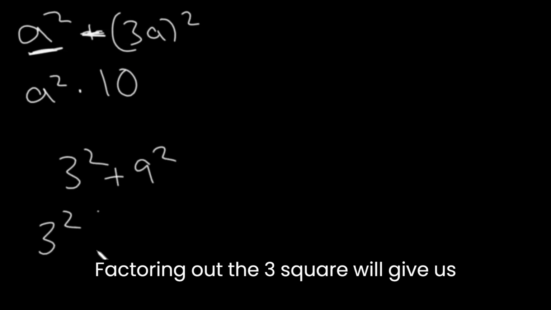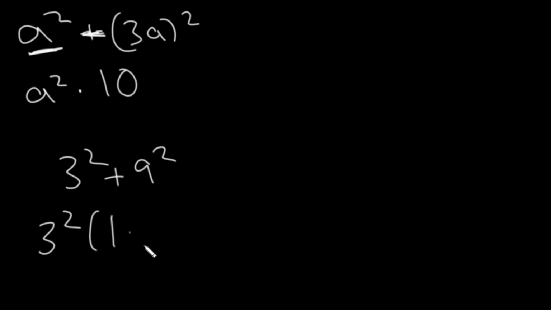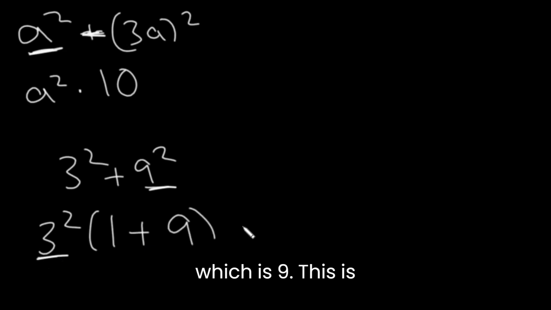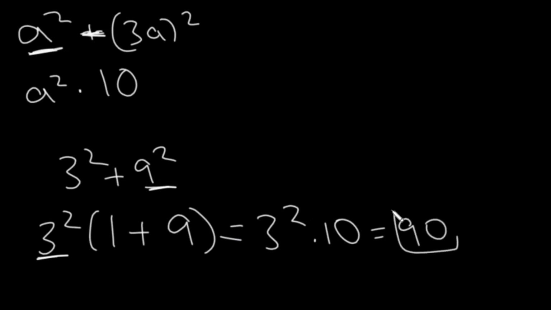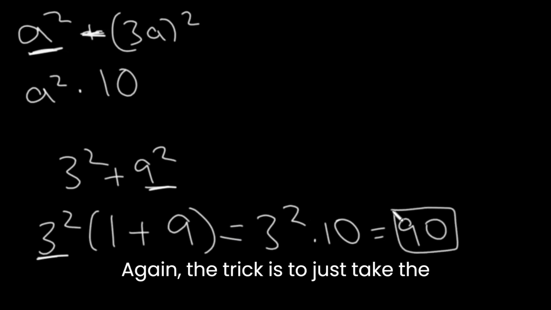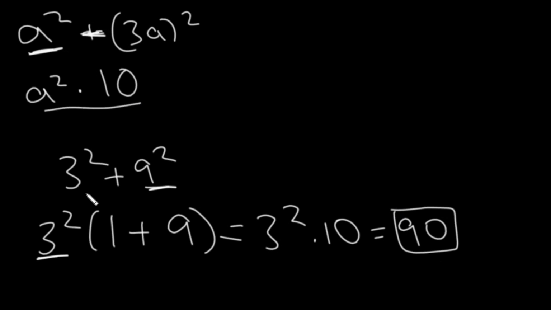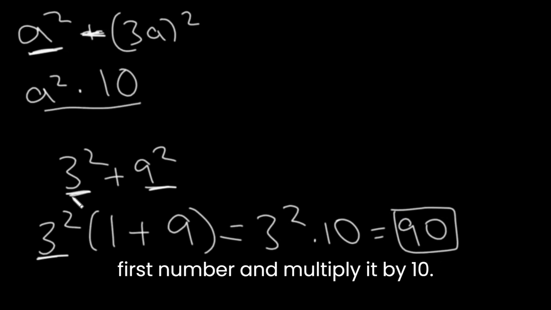Factoring out the 3 squared will give us 3 squared times 1 plus 9 squared divided by 3 squared, which is 9. This is 3 squared times 10, which is 90. Again, the trick is to just take the first number and multiply it by 10.